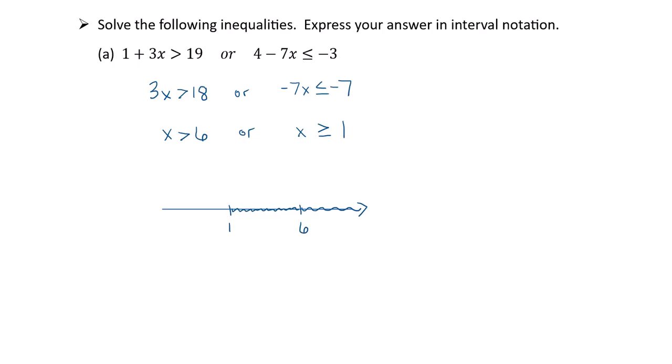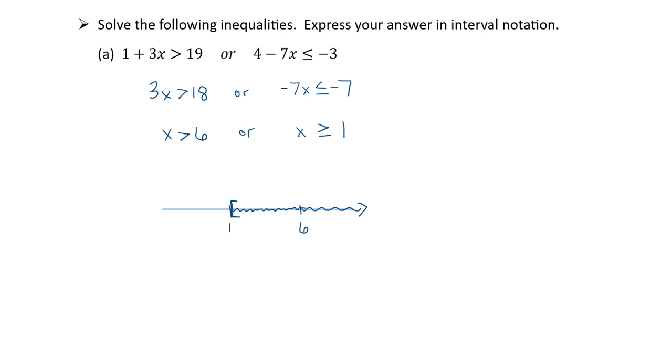Now, 1 is going to be included because it is included in either here or here. It's included here. What about 6? Do we include that, or are we going to put parentheses at 6? Well, the number 6 is not included in this set, but it is included in this set. 6 is greater than or equal to 1, so it's going to be a part of the solution set.